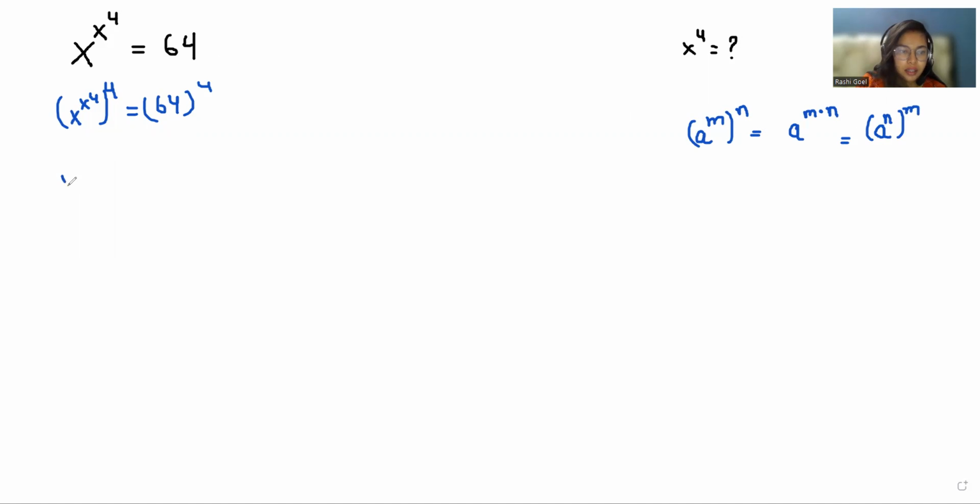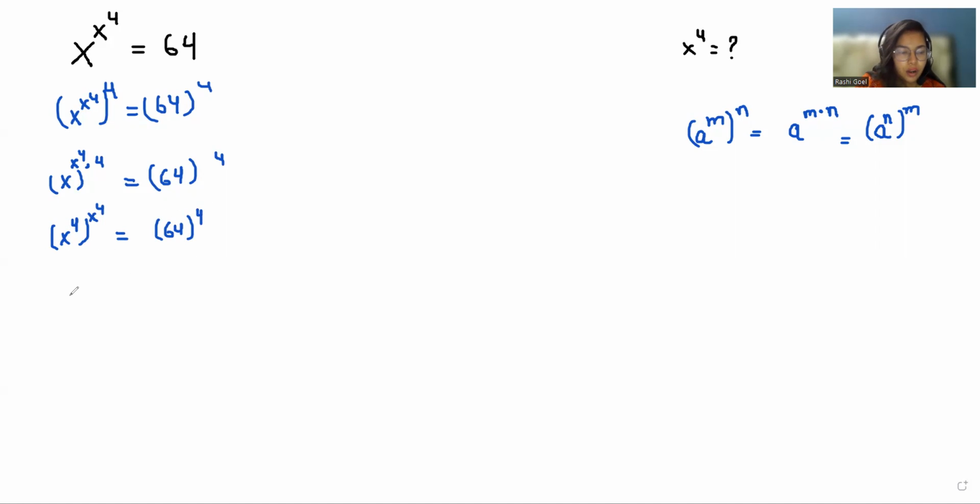So I can write it as x^(4·x^4) is equal to 64^4, or we can write it as (x^4)^(x^4) is equal to 64^4.